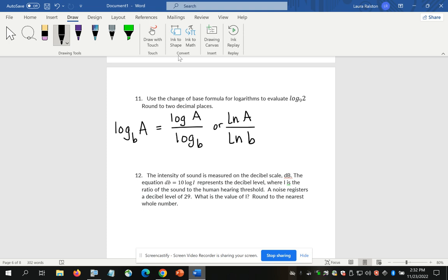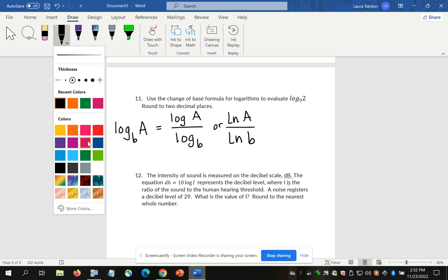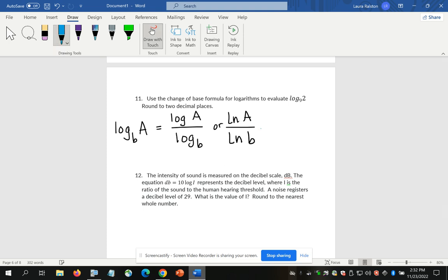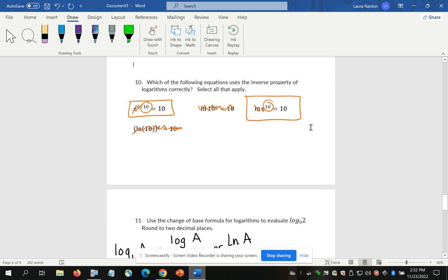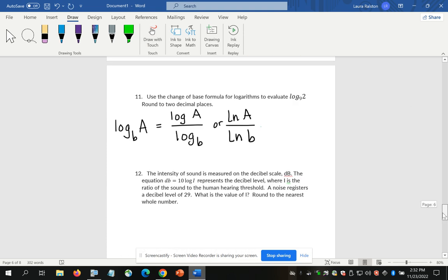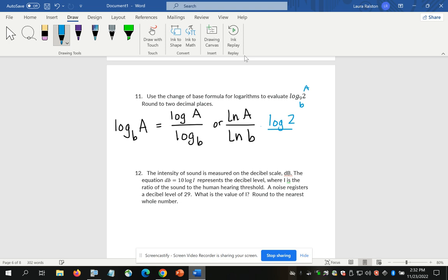So in this case, if you think about it in terms of that formula, my a is 2 and my b is 9. So I'm going to have log of 2 divided by log of 9.